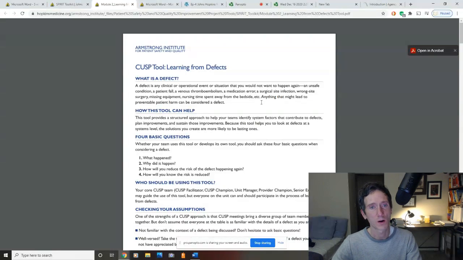So that's all great. It explains how the tool can help. You look at it from a system level. The solutions you create are likely to be lasting ones. So it really looks at human factors and how a system influences the individual, not totally eliminating the individual's accountability, but recognizing that if we really want to make a lasting change, it has to be something that we drill down systematically.